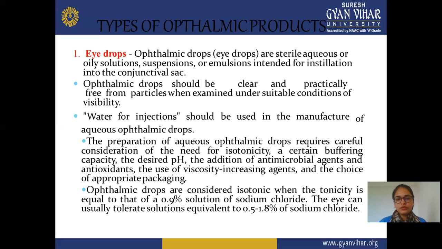And the eye can usually tolerate solution equivalent to 0.5 to 1.8% of sodium chloride. We require 0.9% sodium chloride solution to maintain the isotonicity, but our eye has some capacity to tolerate tonicity from 0.5 to 1.8% of sodium chloride.